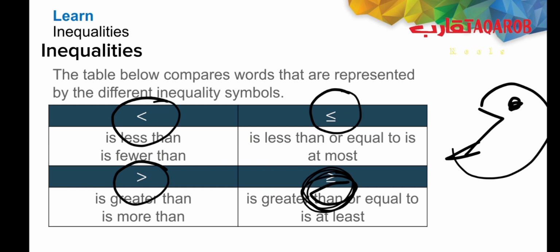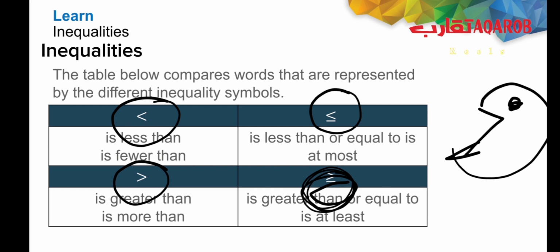When I say less than or equal, it means less than or equal to the value, at most. So when I say x is less than or equal to 6, it means that the greatest value is number 6. And it's the same when I say greater than or equal to, it means greater or equal to the least.